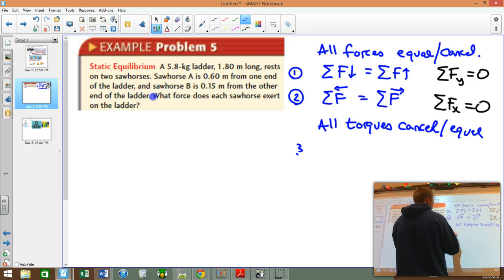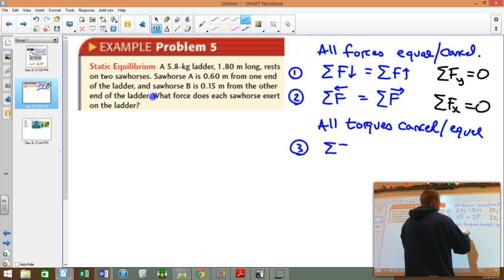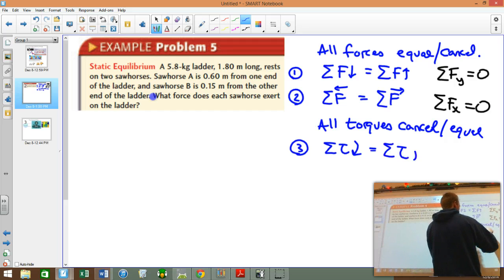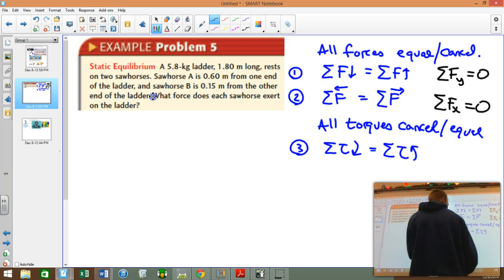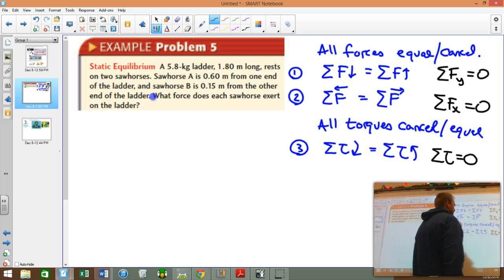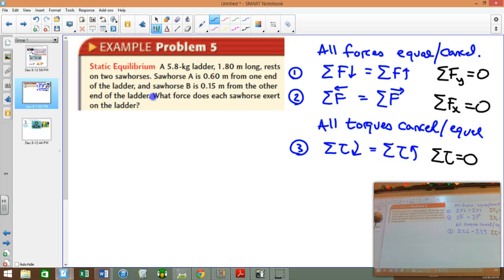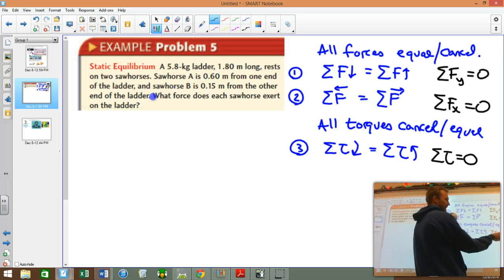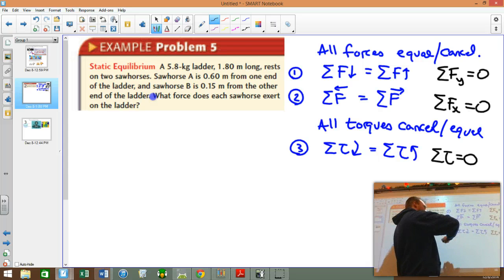So if you add up all the torques that are clockwise, they have to equal all the torques that are counterclockwise. Sometimes you'll see that the sum of all torques equals 0. So that's what equilibrium means. Everything pulling down has to equal everything up, everything right has to equal everything left, and every clockwise moment has to equal every counterclockwise moment.